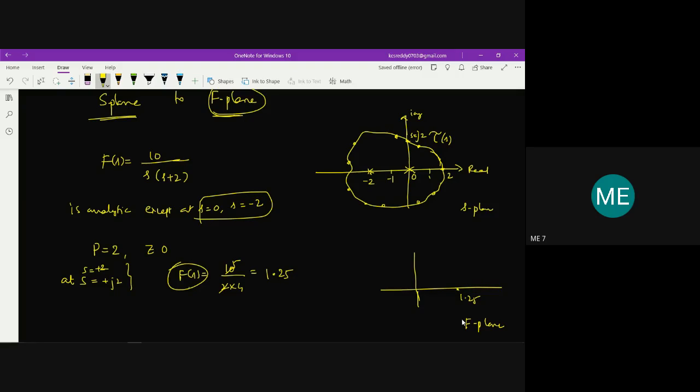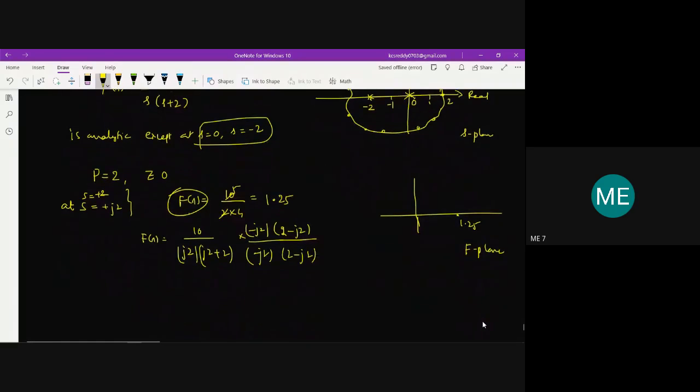Similarly, at s equal to j2, if I find out, f of s is equal to 10 by s replaced with j2, and then j2 plus 2. We can find this value by rationalizing, that is, divided by minus j2 into 2 minus j2. So if you rationalize this function, I'll be getting the exact value of f of s at s equal to j2.